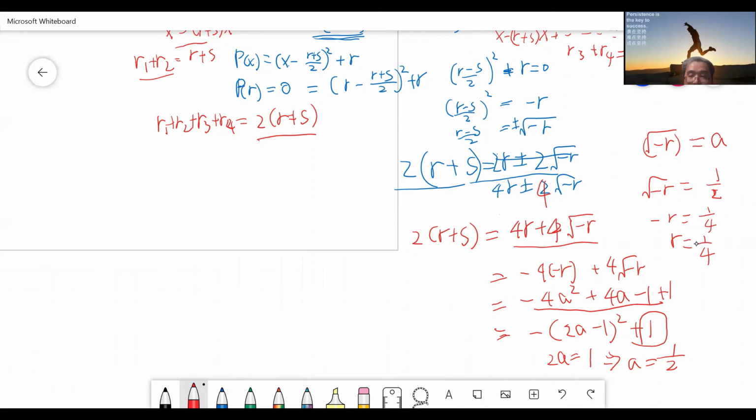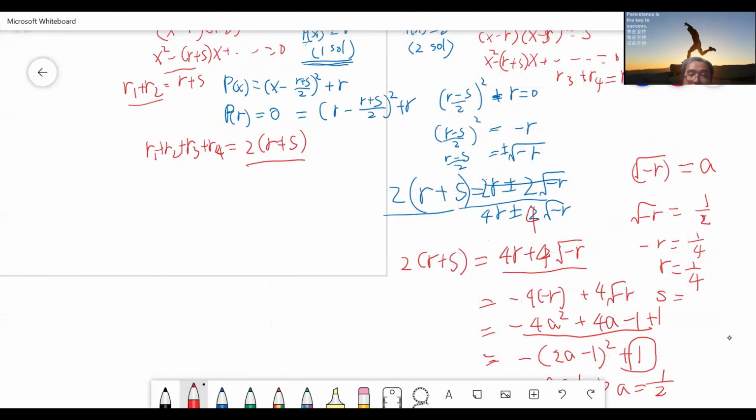So we can find s. s equal to, right, we can find this maybe somewhere here. Yeah, let's see, here we have s equal to r plus 2 square root of negative r. So that's what we have, right?